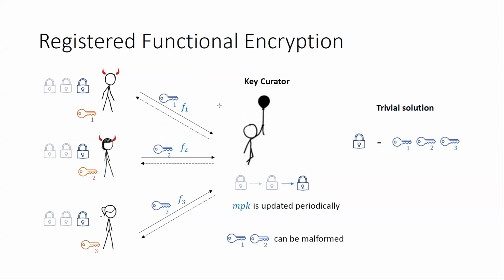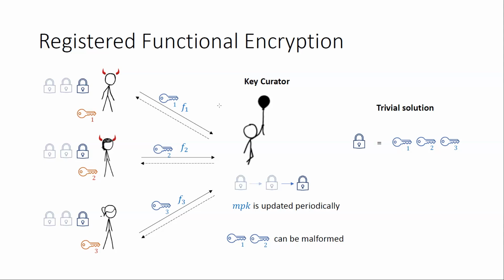So what do we have in registered functional encryption? This definition is based on all the previous registration-based works. Now we have a key curator, and what the key curator does is generate a master public key. Instead of generating the decryption keys by itself, it receives public keys generated by each player and the function associated with each public key.